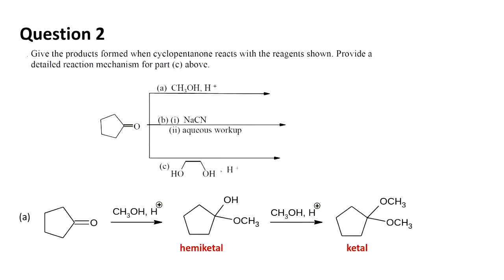So for question 2, you are given a reaction scheme using the same ketone, and you have 3 different reagents, and you're asked to give the products of each of the reactions, and then you're asked to give a mechanism for part C. So the first one, we are using an alcohol in the presence of an acid.